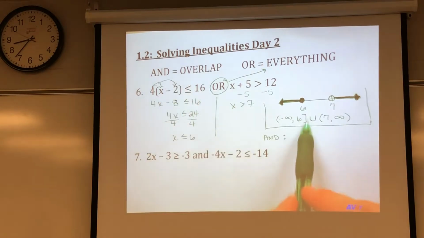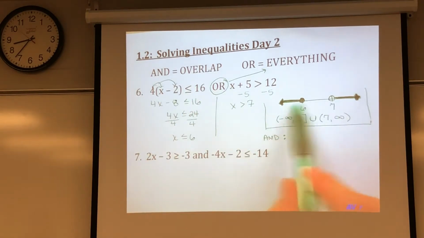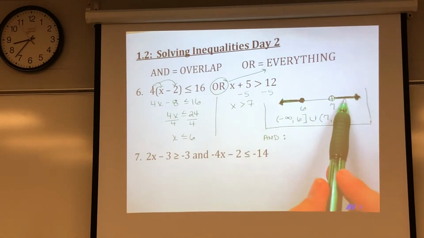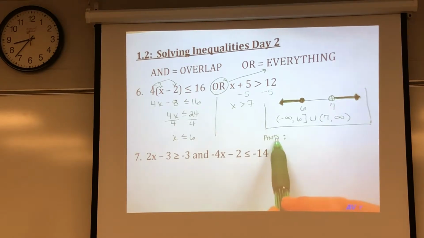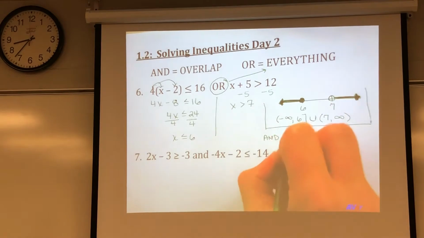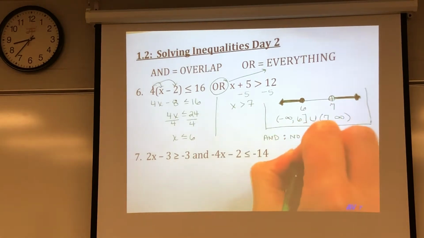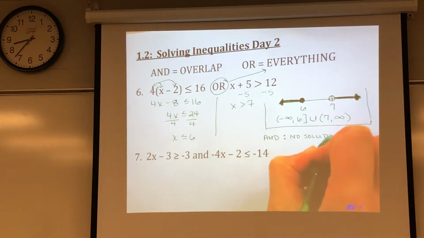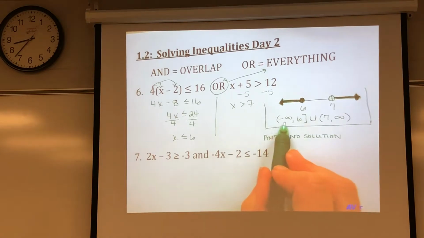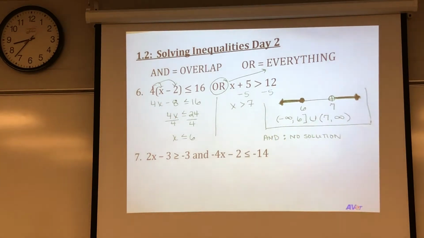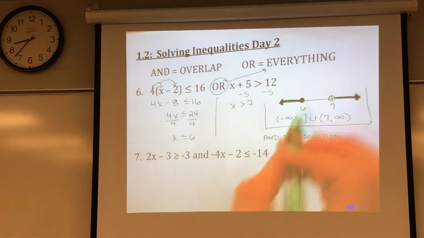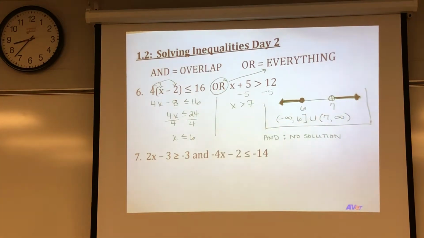On and, we're looking for the overlap. Do these 2 lines overlap each other anywhere? Nope. So if the word in the middle said and, our answer would be no solution. Okay, quite a bit different than negative infinity to 6, union 7 to infinity. So it's really important to pay attention to that word.